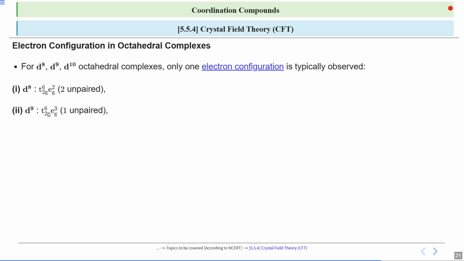For d9, we get t2g6 eg3, that is 1 unpaired electron, and for d10, we get t2g6 eg4, that is 0 unpaired electrons and no space for any extra electron, because d10 is fully filled, right? The maximum number of electrons that can be filled in the d orbitals is 10. So for d8, d9 and d10, typically only one configuration is observed, where we get 2 unpaired electrons in d8, 1 in d9 and 0 in d10.